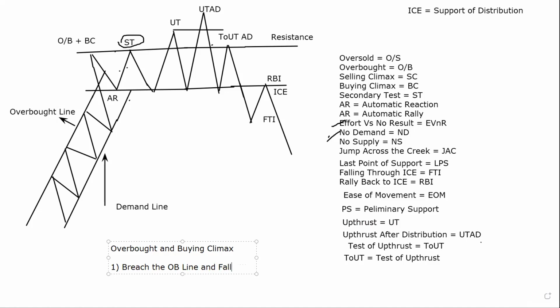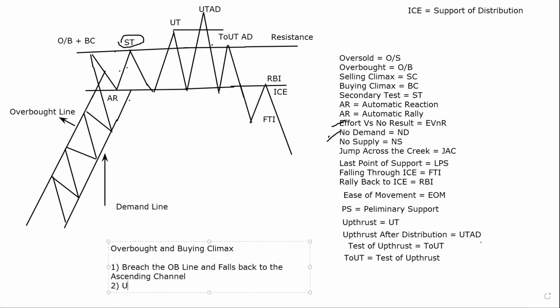It will breach the overbought line and fall back to the ascending channel. This is the first characteristic.